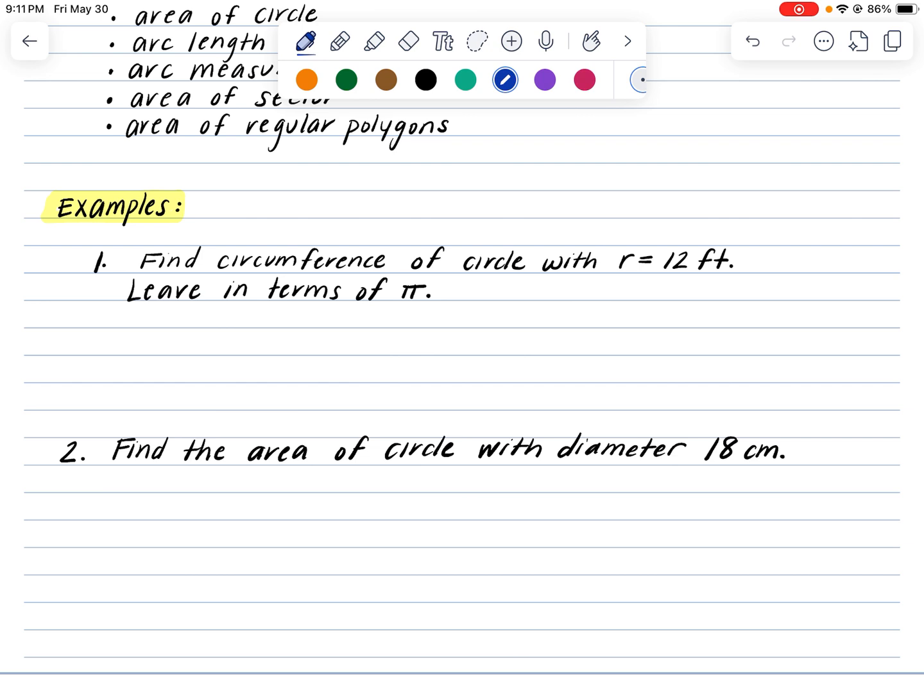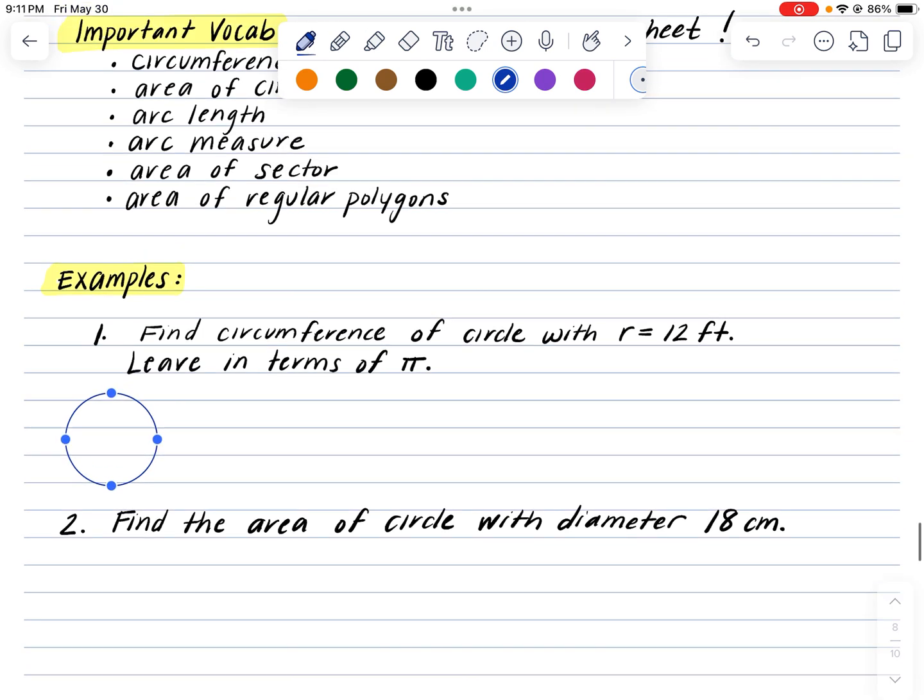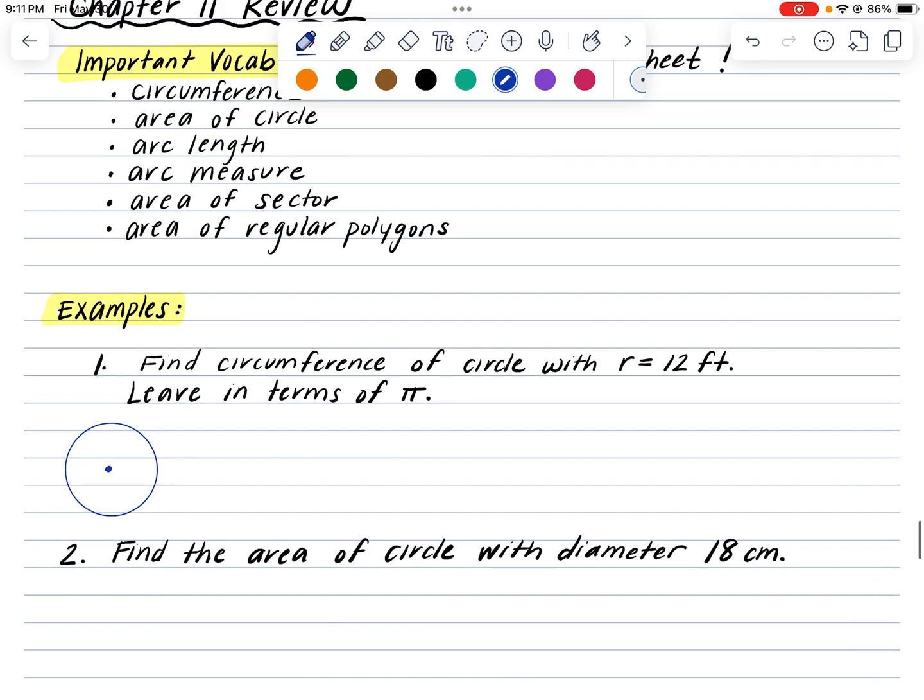Number 1, find the circumference of a circle with the radius of 12. I'm just going to draw us a picture here. I have a circle, and the radius is 12. Remember, the radius is from the center to an edge. Circumference equation is pi d or 2 pi r.